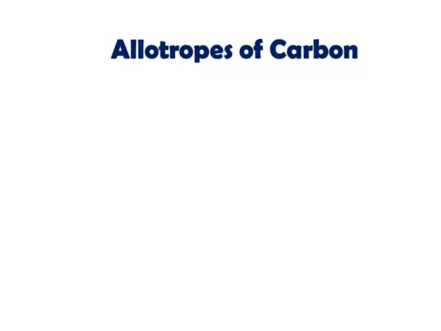Now, focusing on allotropes of carbon, they have been classified under two major groups, or categories. What are they? Crystalline allotropes and amorphous allotropes. What does the word crystalline mean?